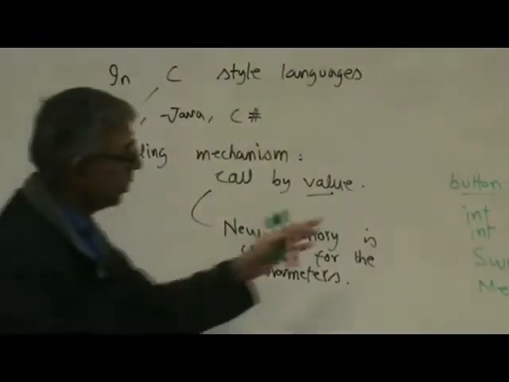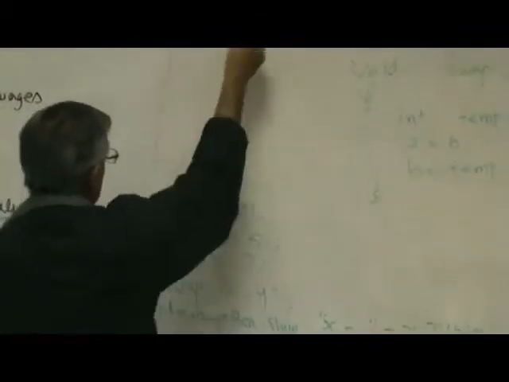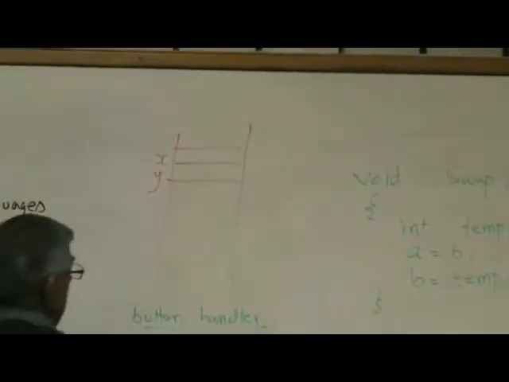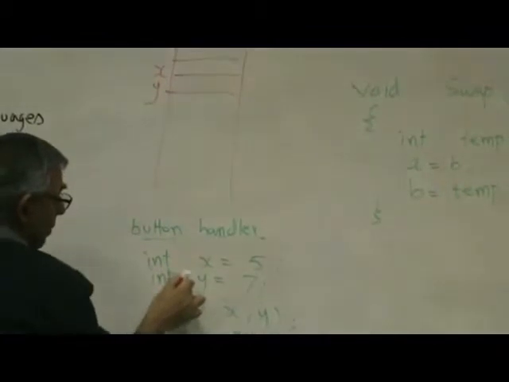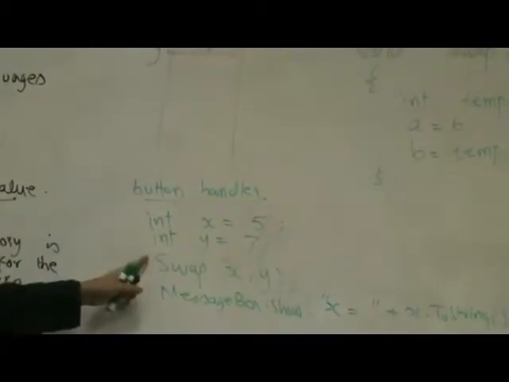For example, if we click on the button, what will happen if this is the memory of the computer? There's X, there's Y. The computer will allocate memory for X, memory for Y, and store 5 over there, 7 over there. Now it calls the function.